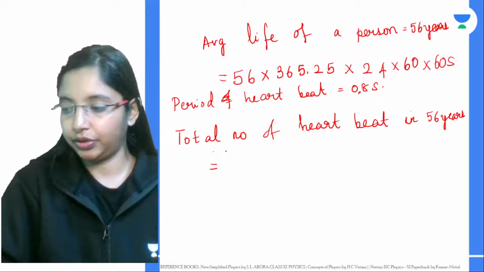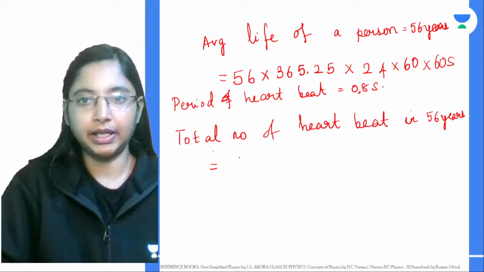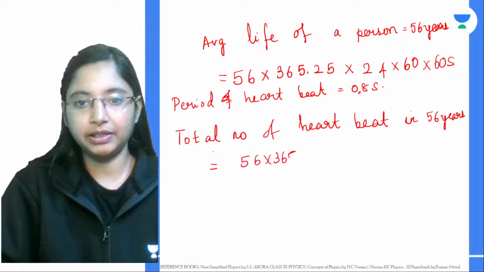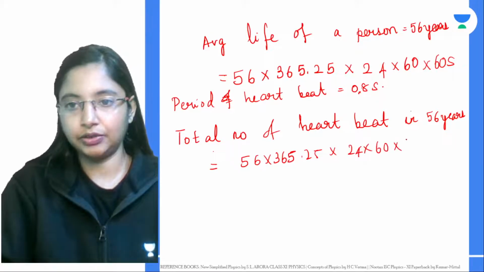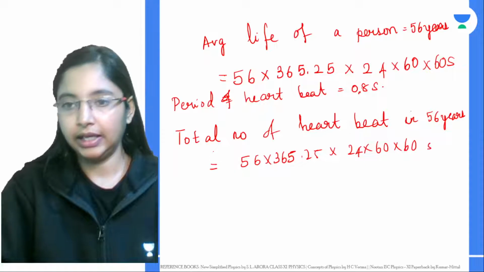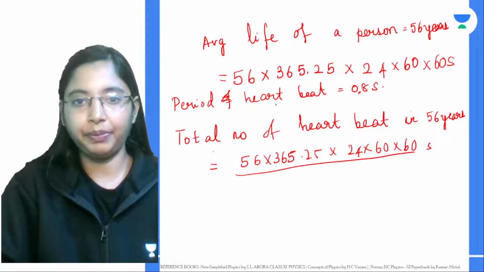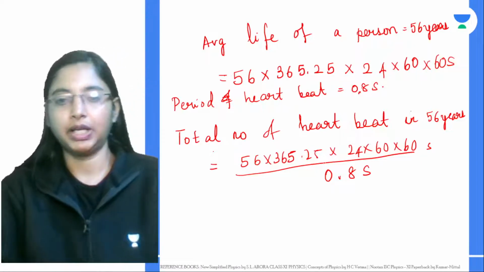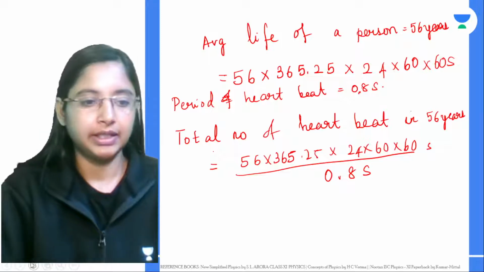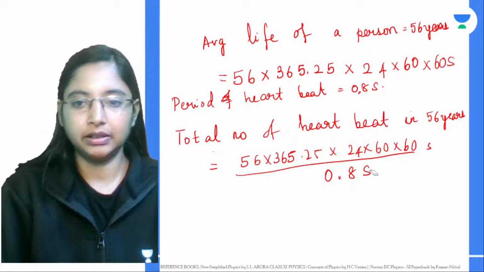That will be 56 into 365.25 into 24 into 60 into 60 seconds, divided by the period of heartbeat, which is 0.8 seconds. Seconds over here get cancelled.